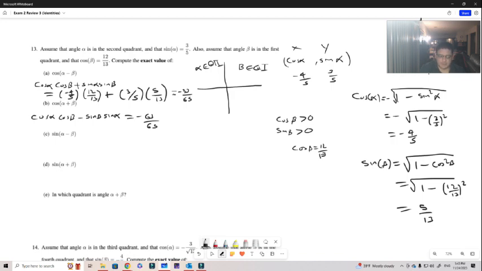For the identity of the sine, we're going to have sine of alpha cosine of beta, and because we have a minus here, then we get a minus here. Sine of beta cosine of alpha. And in this scenario here, we have the plus.